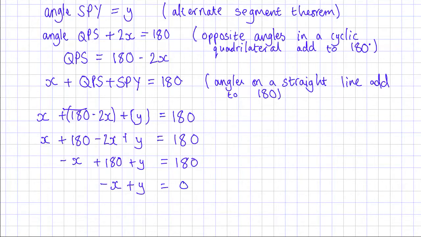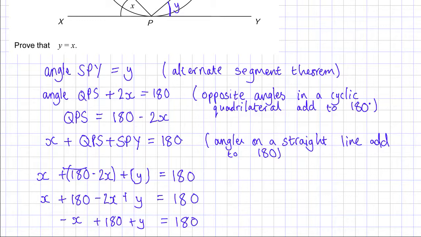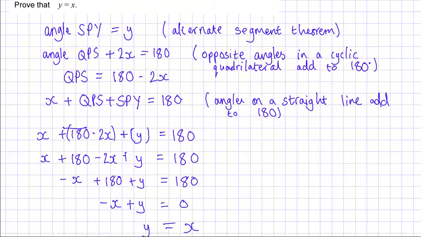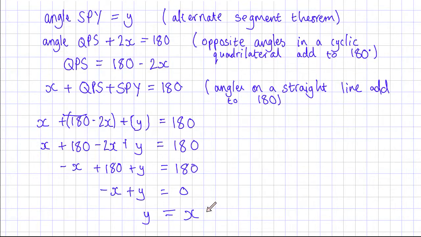And now if I add x to this side and add x to this side, I will get y is equal to x. And this is what we were looking for. So we needed to prove that y is equal to x, and that's what we have. These are the rules that we used to make our argument first, and then we just used some algebra and rearranged it to show that y is equal to x.